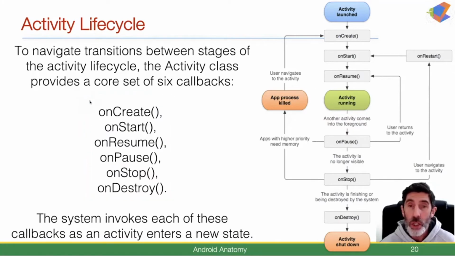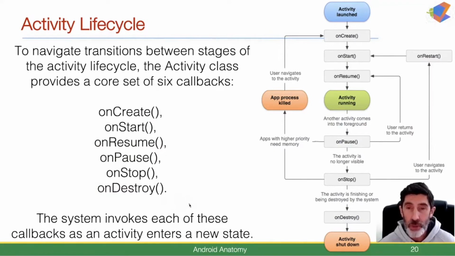The only one that's required, and that comes by default when we create one, is our onCreate method. All the others are optional and only need to be implemented when you as a developer require that particular callback to be kicked off within the life cycle of the application.